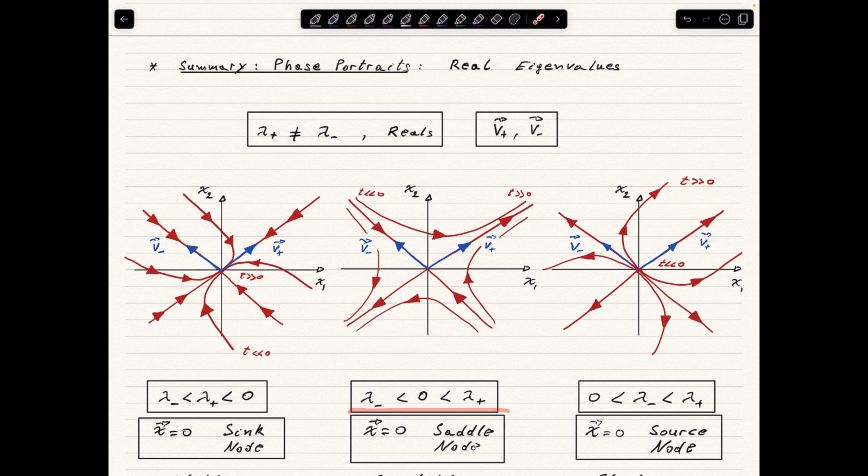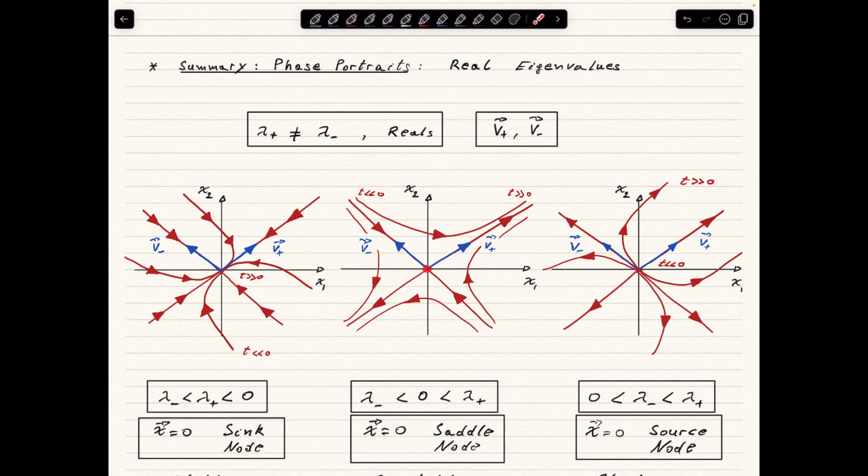When one is positive and the other negative, we have this kind of saddle behavior: in the direction of the positive, you go away from the origin. In the direction of the negative, you go towards the origin. And when you are in between, you approach the origin and then you go away.